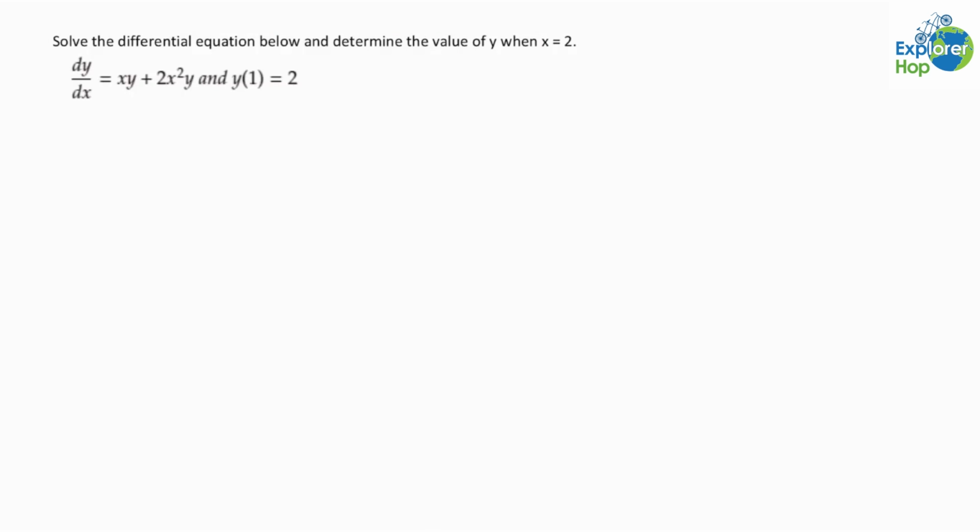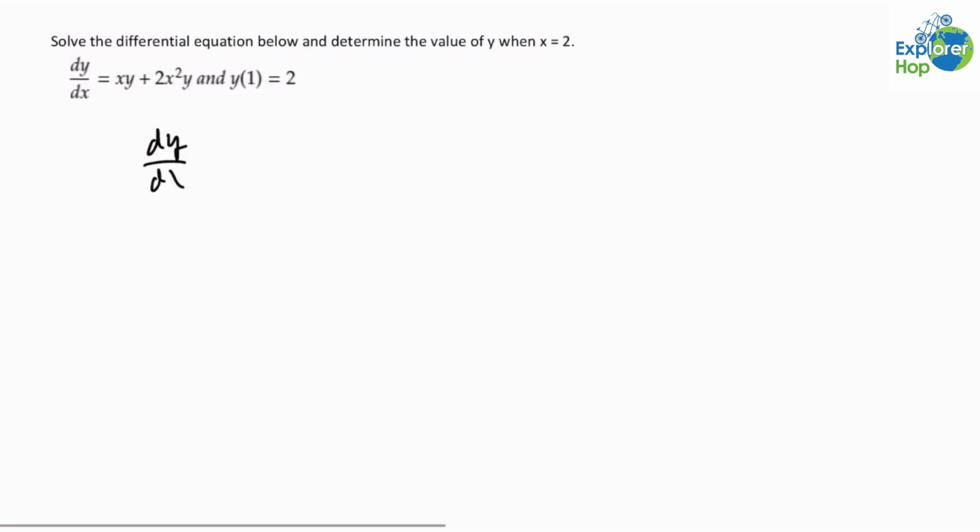We can start by common factoring out y. So we get that dy over dx is equal to y times (x plus 2x squared). Now we can see that this differential equation is separable since we have a function of y times a function of x.